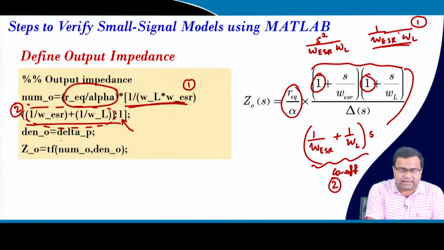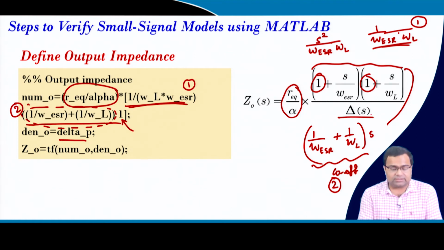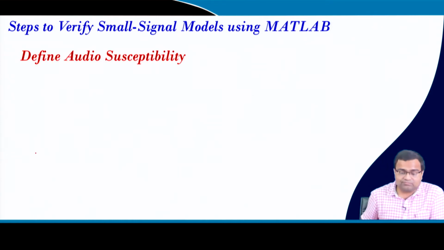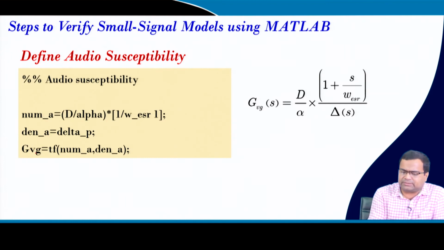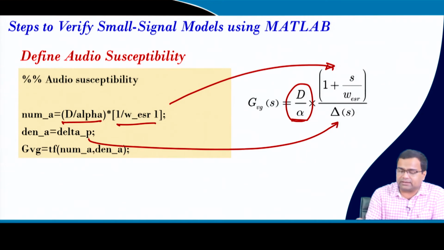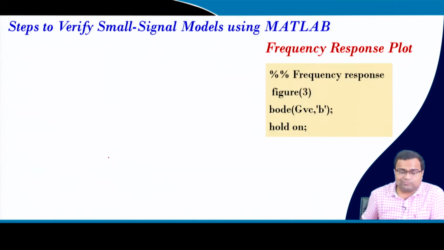Then the denominator is delta P, and the transfer function is between numerator and denominator. So, there is the output impedance. Then you can also write audio susceptibility, this term here, then ESR 0, it is here, then delta P, it is here, and then the transfer function.